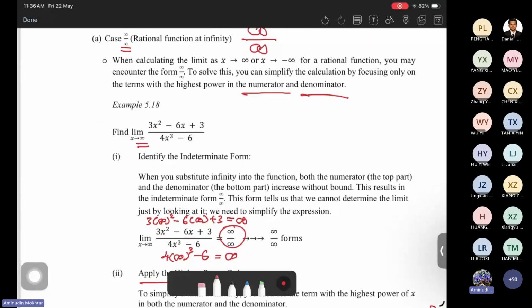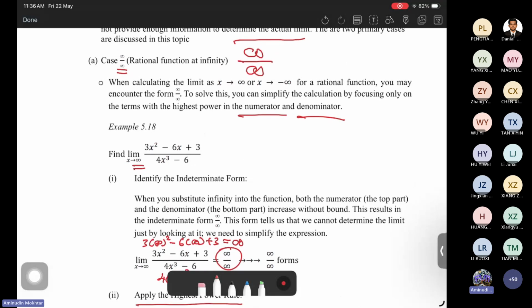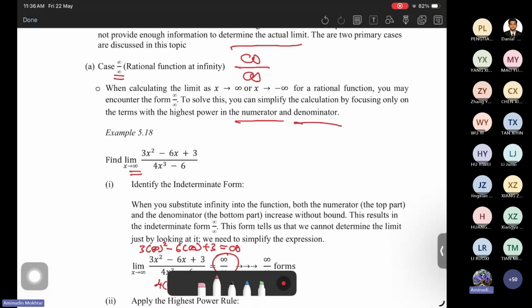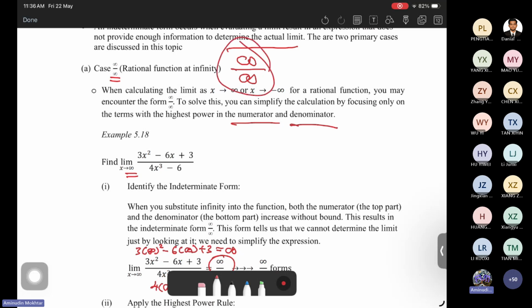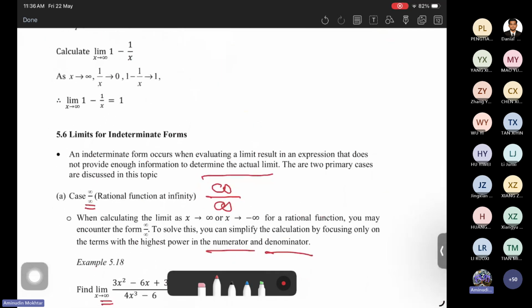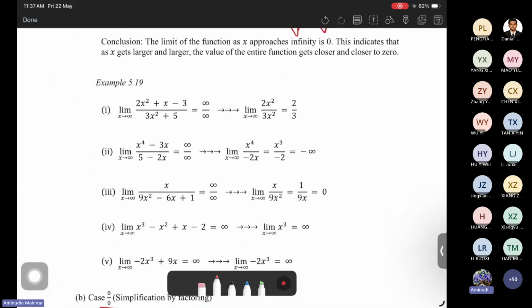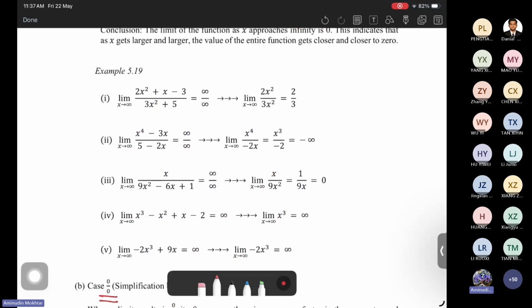Then how to find the limit in this case? Okay, this step is only valid, we can only apply this concept when we get this form, infinity divided by infinity. Okay, that is the step for the rational function at infinity. There are a few examples here. I hope you can review the examples, and there's an example for infinity divided by infinity, for the case when x approaches infinity.